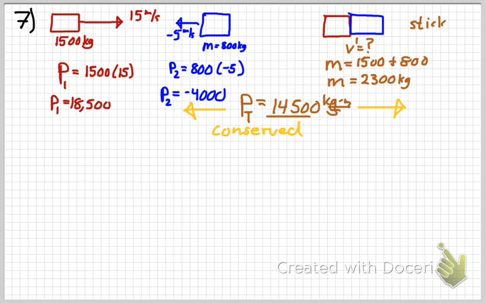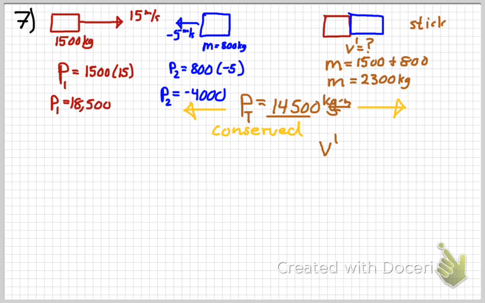Remember that since the momentum is conserved, that means that the before and the after total momentum are both the same. So momentum on the before side is 14,500, and the momentum on the after side is 14,500. So the total momentum of this one object that we're dealing with at the end, two cars stuck together, is 14,500.